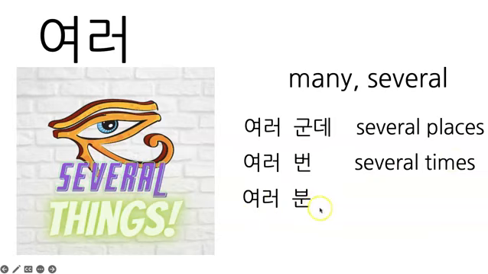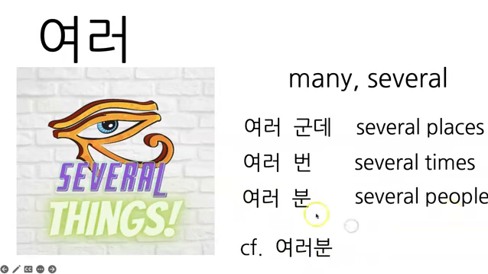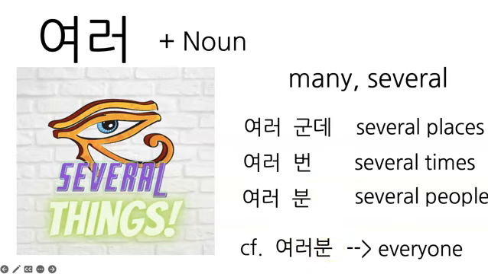So 여러분 literally means several people. But 여러분, which means everyone, came from this expression, pronoun and noun counter. But by removing the space between the two, this one became a new word meaning everyone. So remember, as a pronoun, we need another regular noun after 여러.